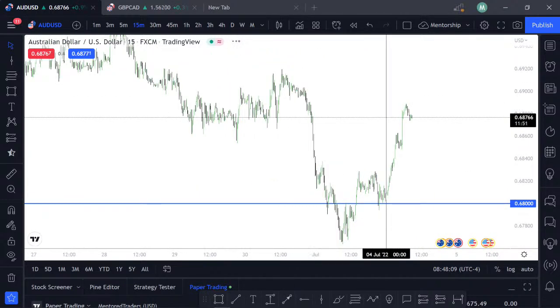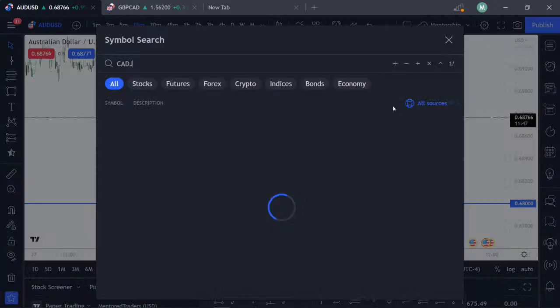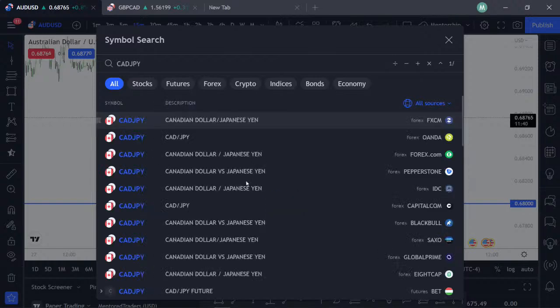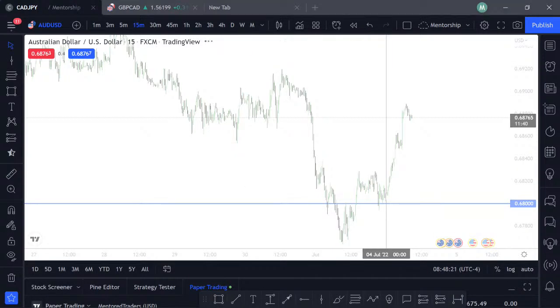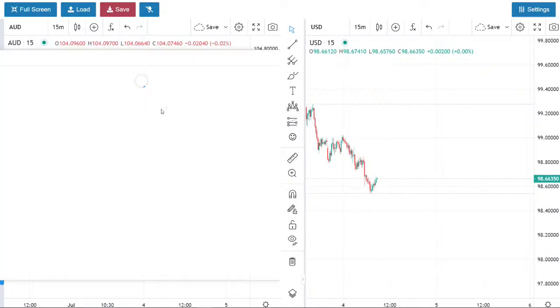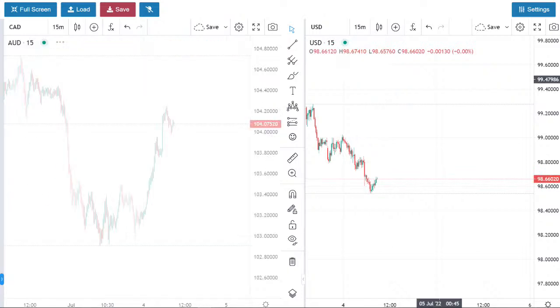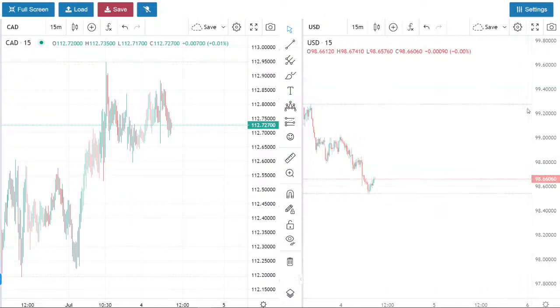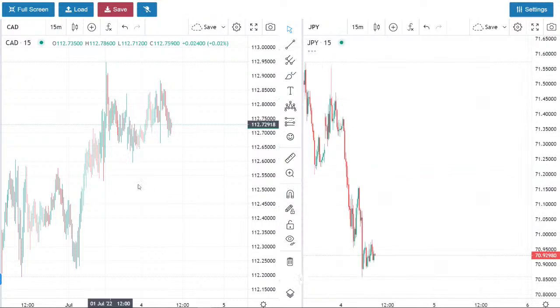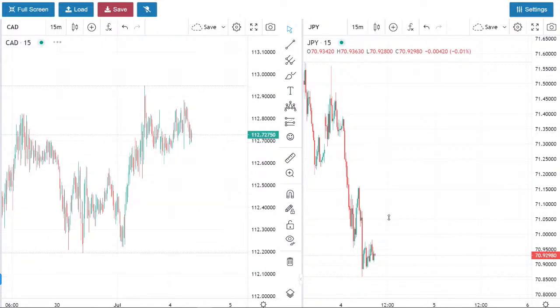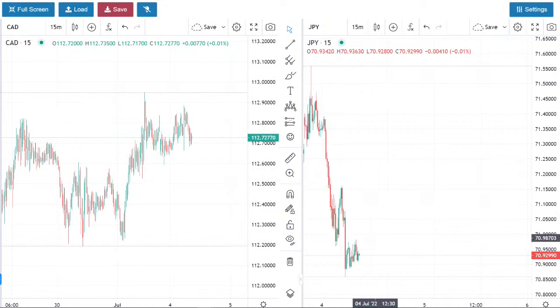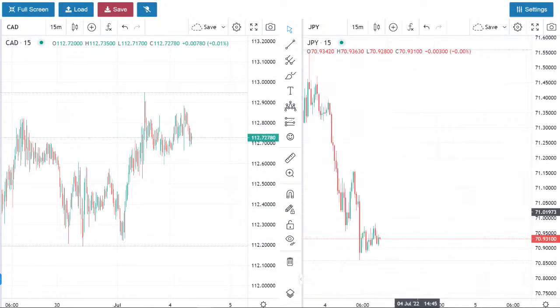Let's look at which one? JPY. At JPY, let's say CAD here, then on our left hand side, we need JPY. The CAD is consolidating here, and the JPY is also consolidating.